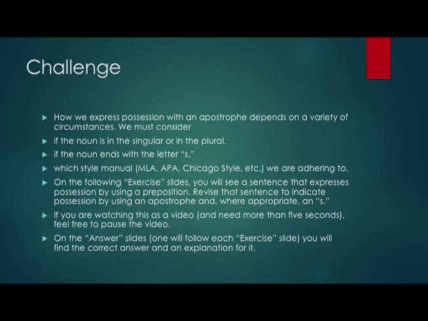Okay? And as always, if you're watching this video, just pause it, give yourself a little bit more time than the 5 seconds that I built into this to make the necessary revisions. And then following each exercise slide will be an answer slide. So there, you will find the possible revision and an explanation for it.